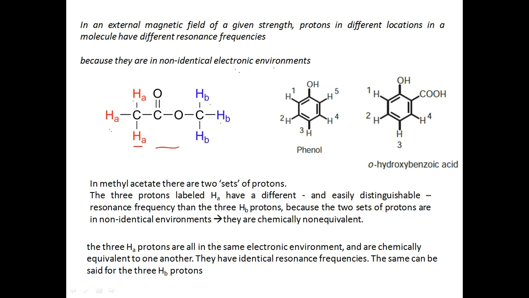If you take these HA protons, they are chemically equivalent protons. These HBs are chemically equivalent protons, but HA and HB are non-equivalent protons, so they resonate at different frequencies, right? Similarly, for the aromatic system, H1 and H2 are not chemically equivalent, but H1 and H5 have a similar chemical environment, so they are chemically equivalent protons.